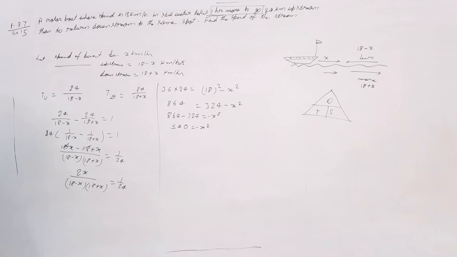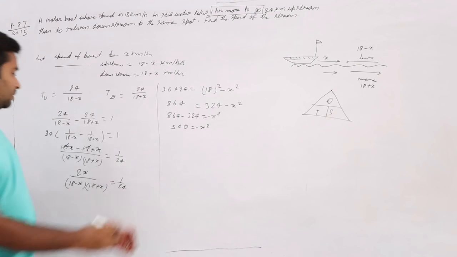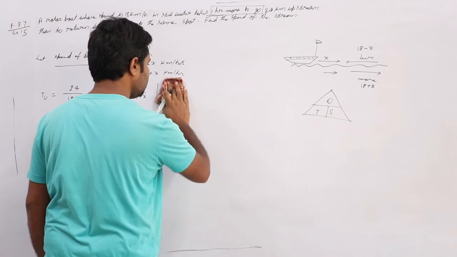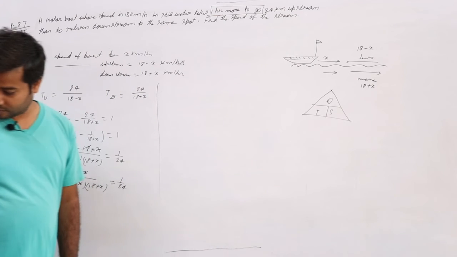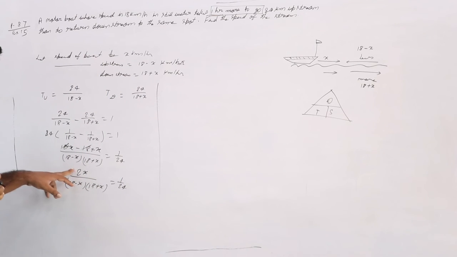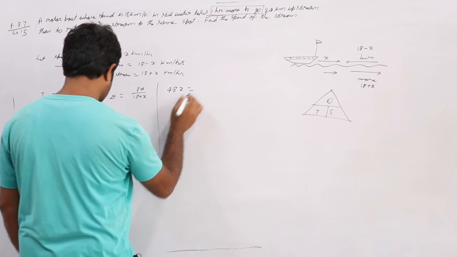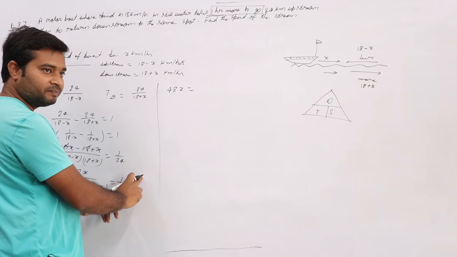1 by 24, right? So this is 48x, 24 to the 48, x. x is equal to this, you can bring all this side.